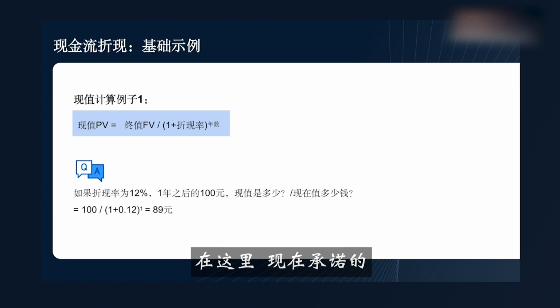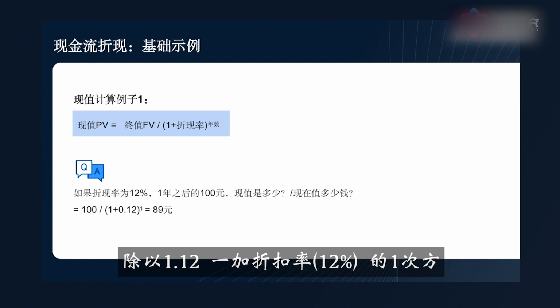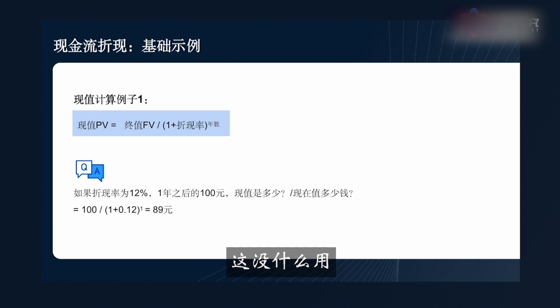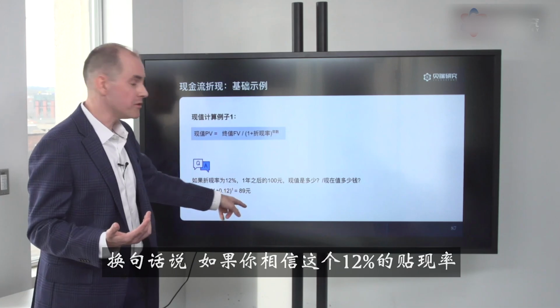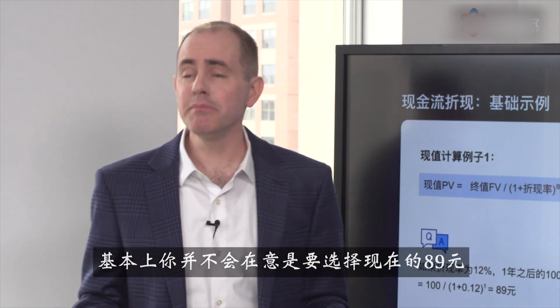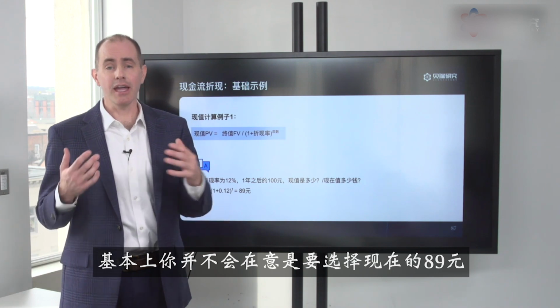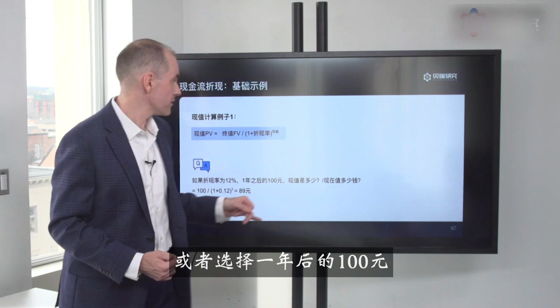And in this case, 100 RMB expected a year from now from a company divided by 1.12, 1 plus discount rate to the first power, which doesn't do anything, it's just 1, equals 89 RMB today. In other words, if you believe in this 12% rate, you would basically be indifferent between 89 now and 100 a year from now for this particular company.